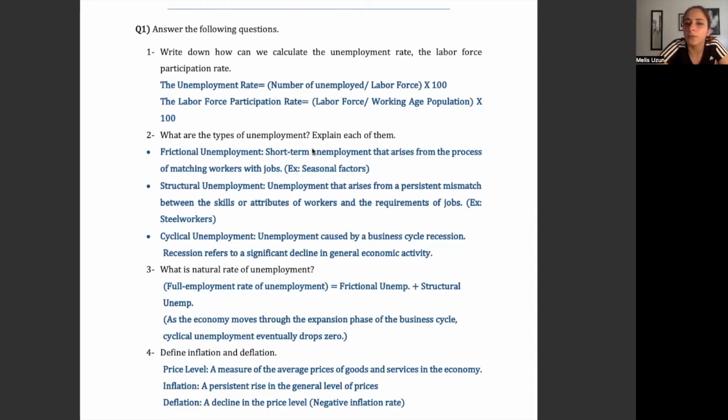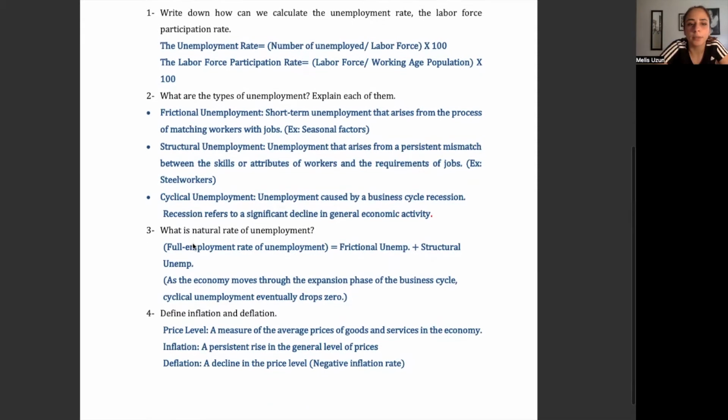It arises from a persistent mismatch between the skills and attributes of workers and requirements of jobs. If my skills don't fulfill the job requirements, and that's why I'm removed from the job, it is structural unemployment.